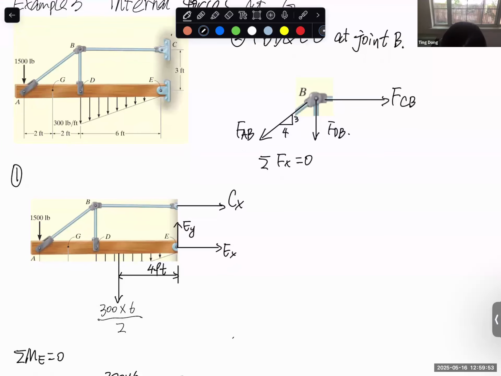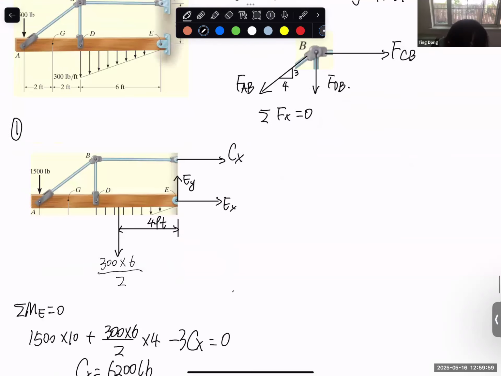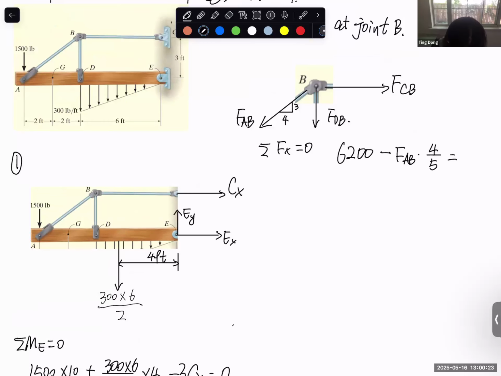So now we have FCB equal to 62 minus FAB times, since it's the X component, this is the X component of the force in the AB section, bar AB.